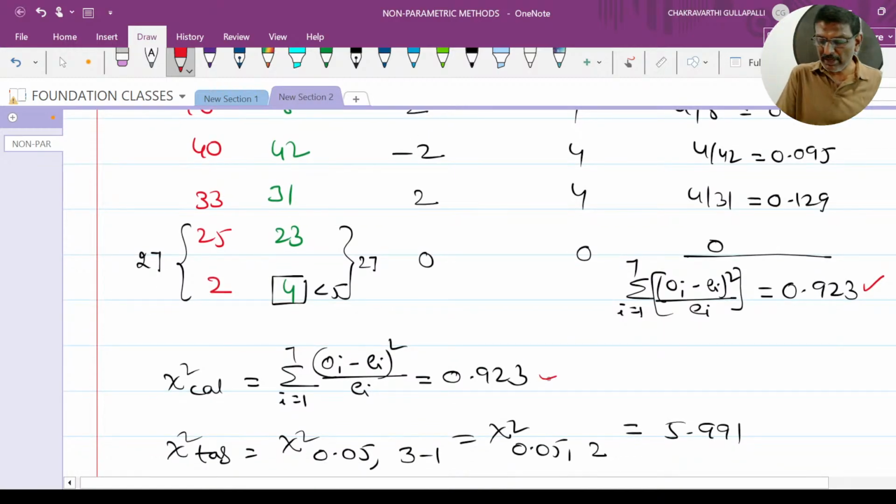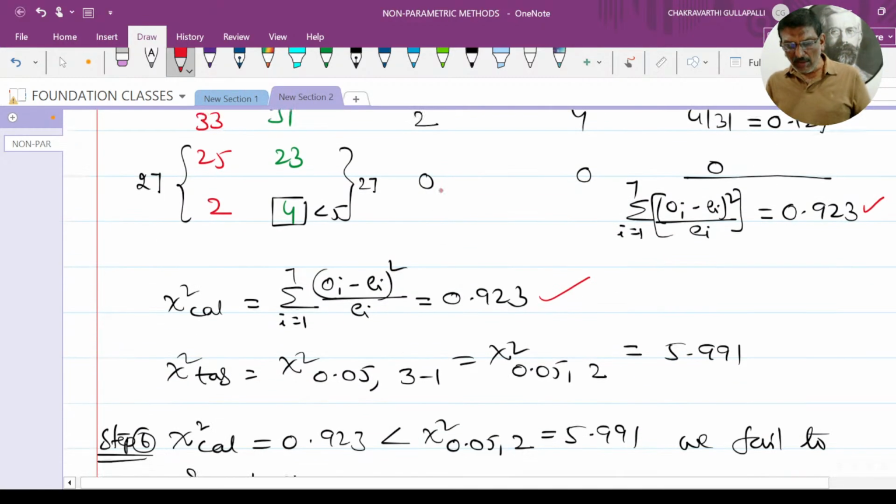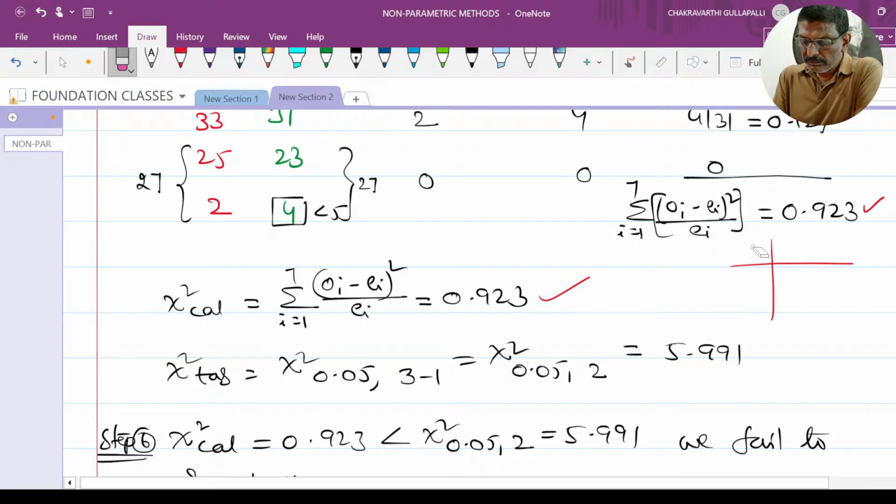The chi-square calculated value is 0.923. The chi-square table values are already given. Go through the chi-square table: n is the degrees of freedom, which is 2, at 0.05 level.